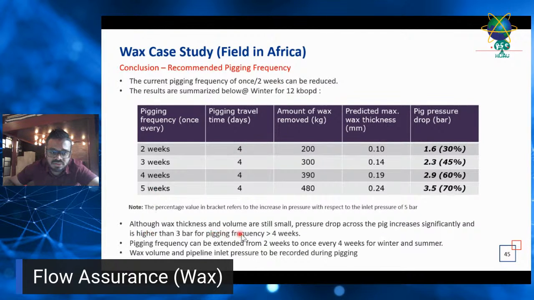Although wax thickness and volume are still small, the pressure drop across the pig increases significantly and is higher than 3 bar for a pigging frequency of more than 4 weeks. The pigging frequency can be extended from 2 weeks to once every 4 weeks for both winter and summer seasons.